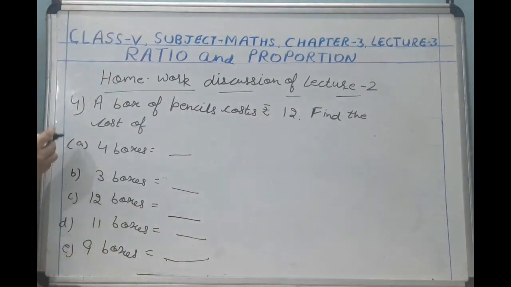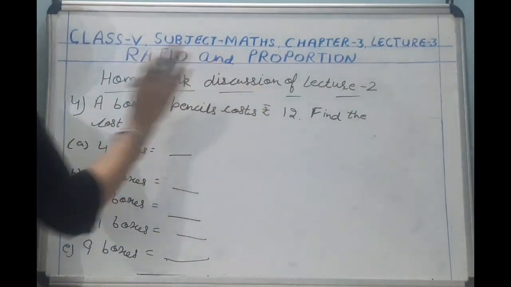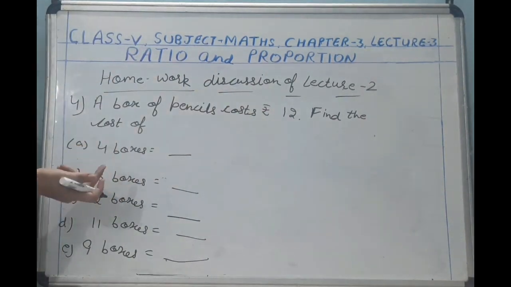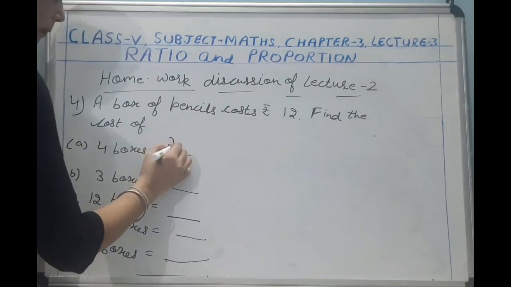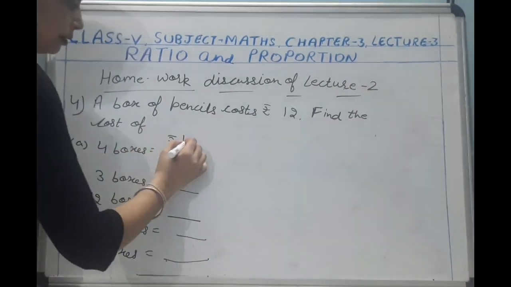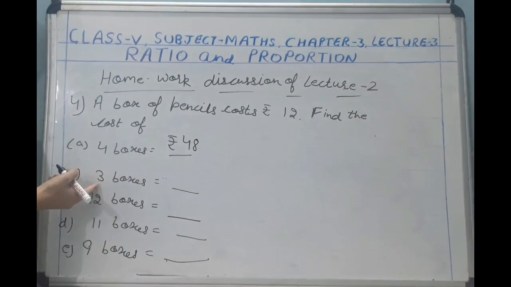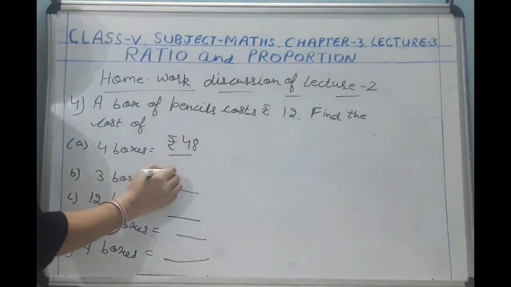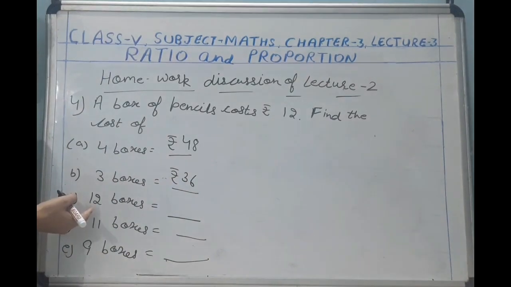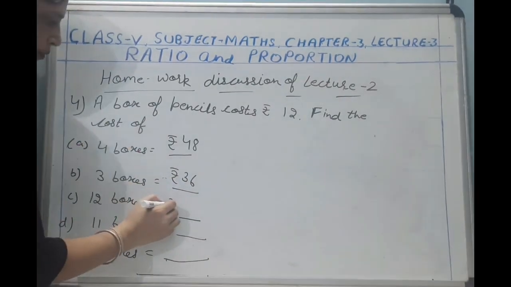A box of pencils costs rupees 12. So the cost of 4 boxes: 12 4s are 48. 3 boxes: 12 3s are 36. 12 boxes: 12 12s are, if you don't know, you can do multiplication.